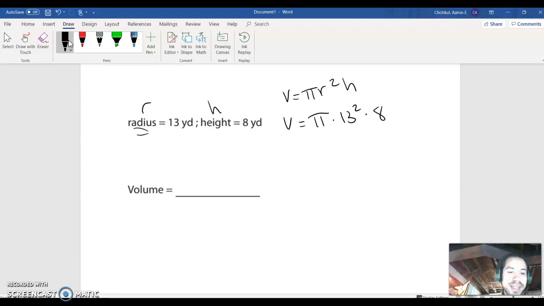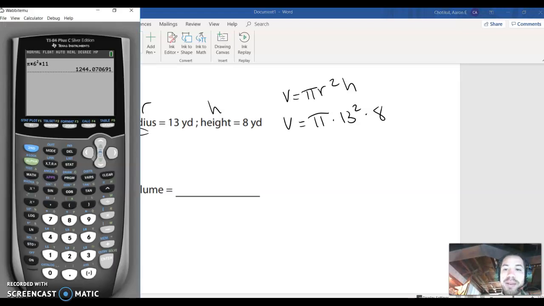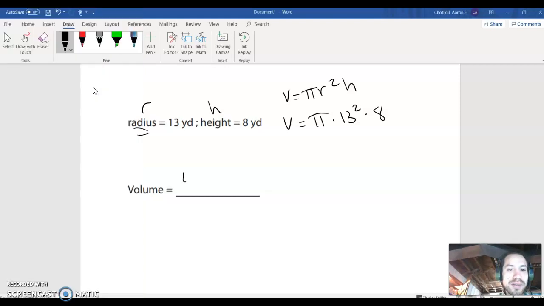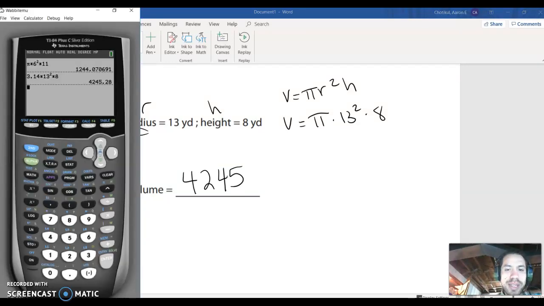We go to our handy dandy calculator. Now we're going to use 3.14 times 13 squared times 8. So we have here 4,245. I'm actually going to write all this one out: 4,245, and we have 0.28.